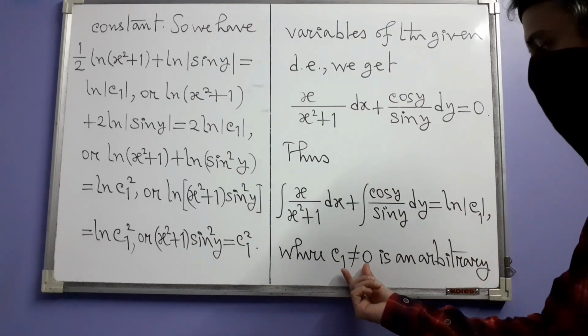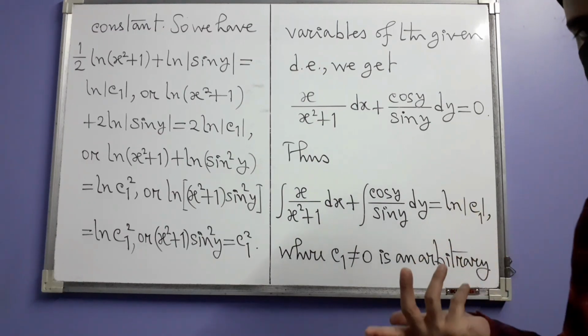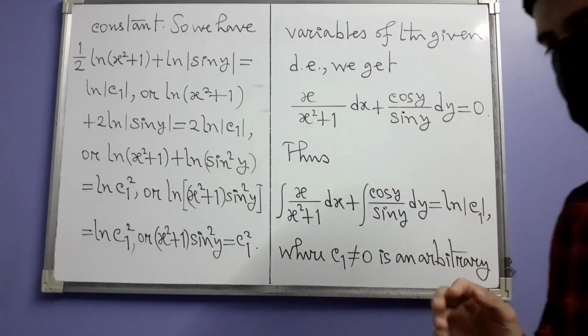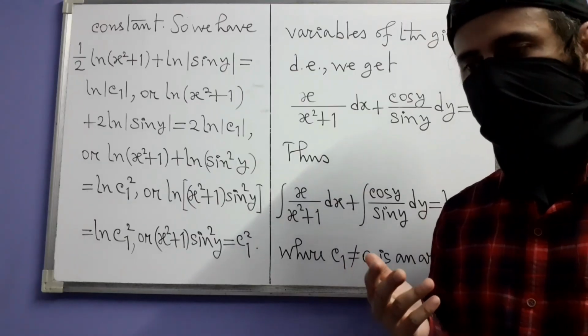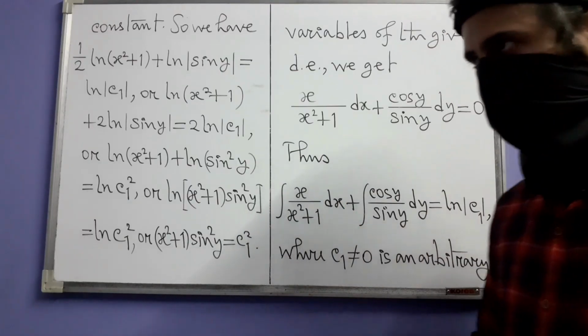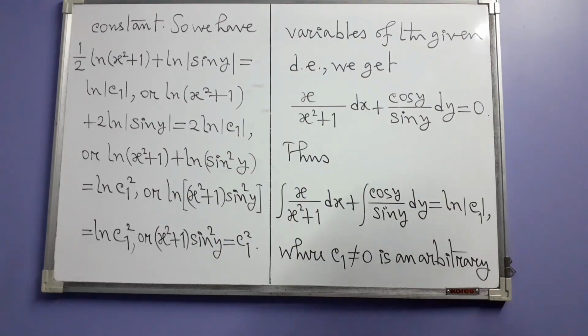We need this non-zeroness because ln of 0 is not defined, and we need the absolute value because natural logarithms of negative numbers are non-real complex numbers. Okay, so we want real numbers, that is why.